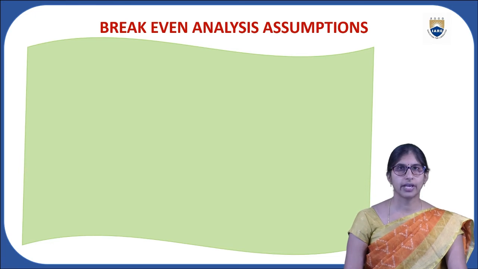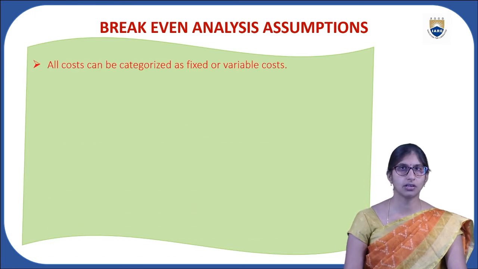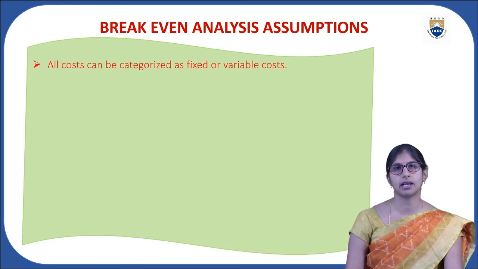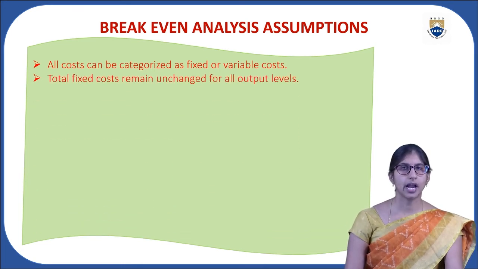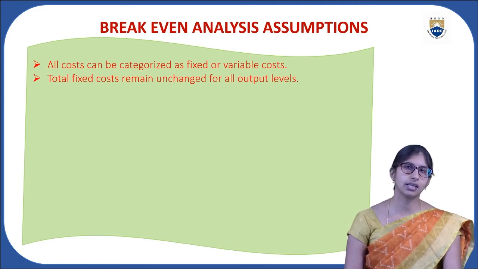The very first assumption is that all the costs are divided into fixed cost and variable cost, and the total fixed cost remains unchanged with the level of output, because whether we produce one unit, or 1 lakh units or 10 lakh units, the fixed cost is the same.